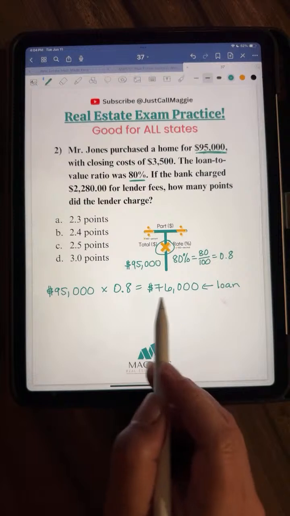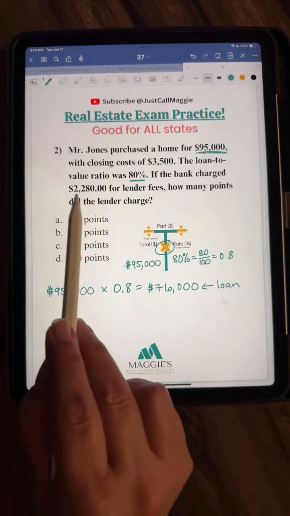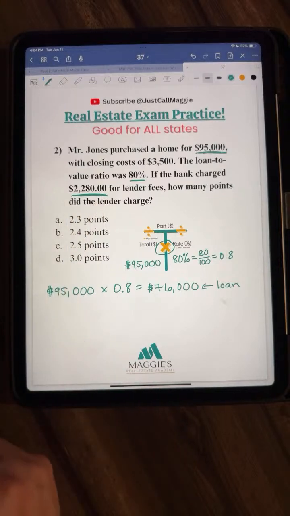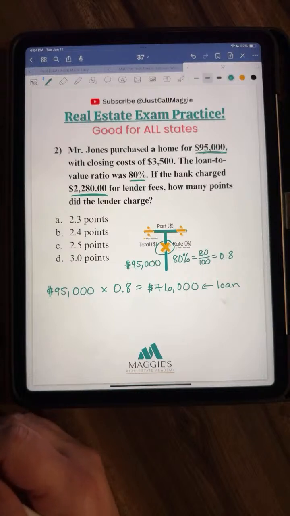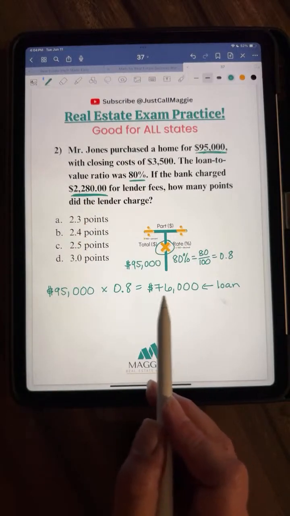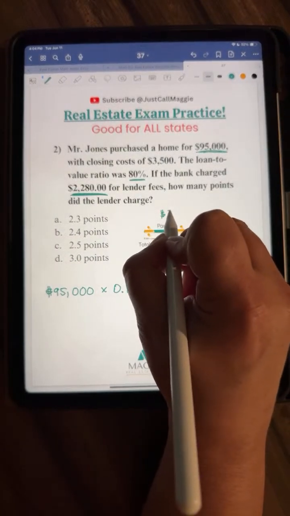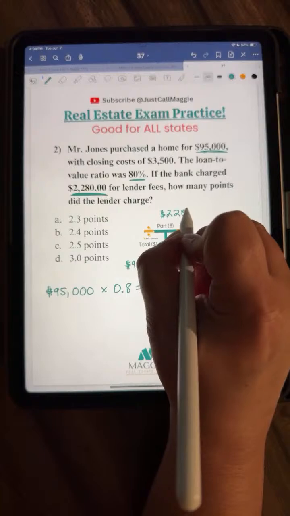Now that we have the loan amount, we can find out how much they were charged in points, because they gave us the amount charged in points. So let's put our information in the T-chart. This amount was based on this amount, so that's why we have to put this in the part section.